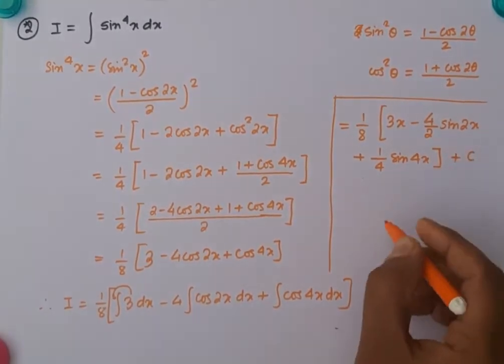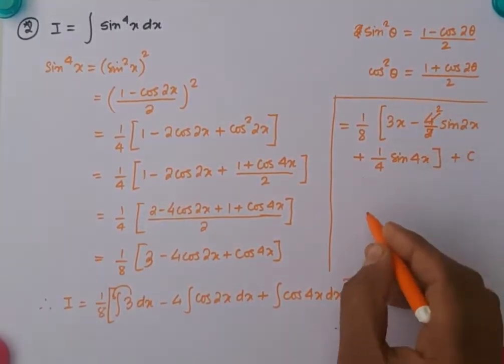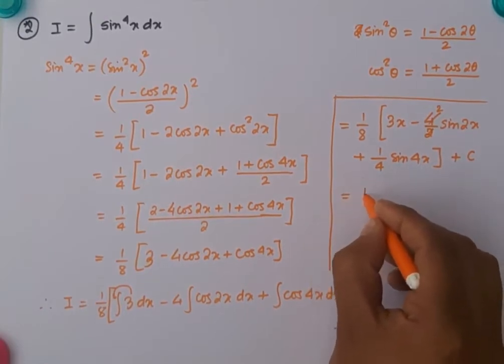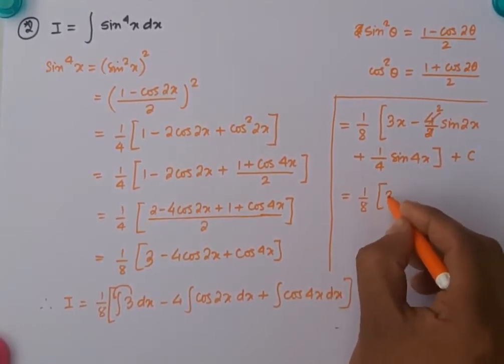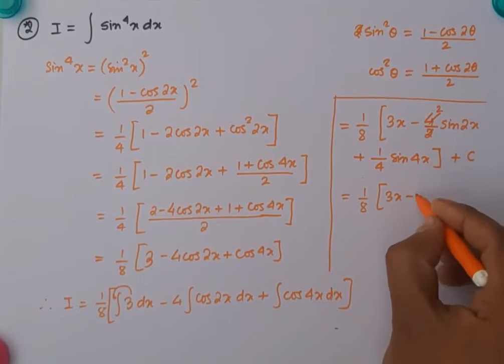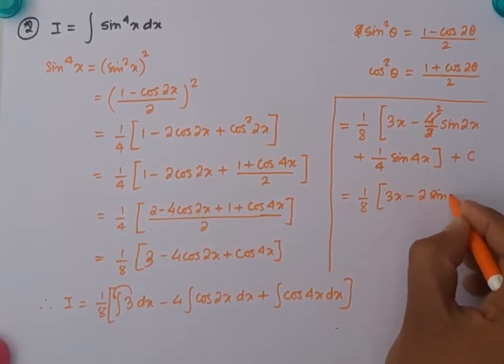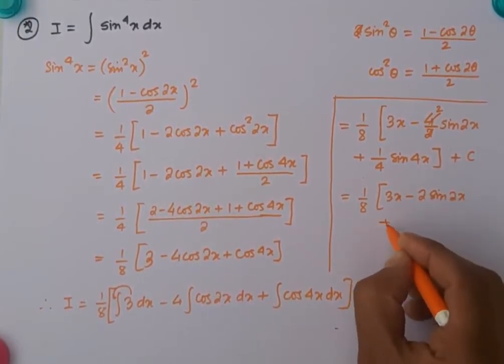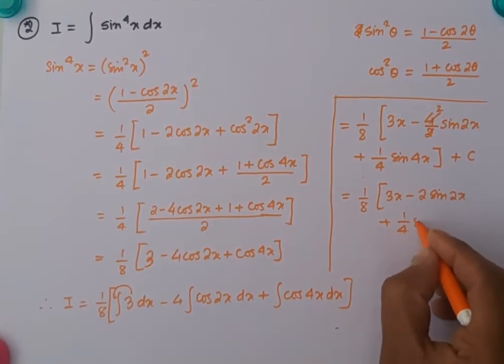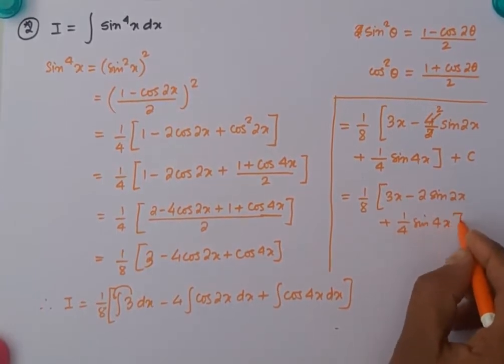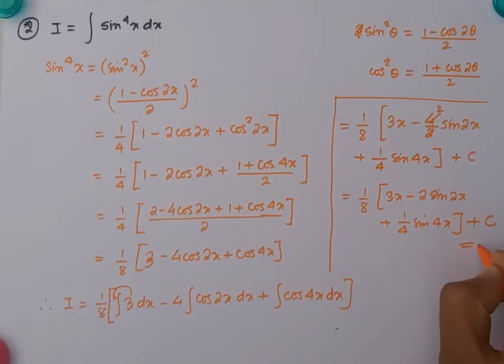Now put a constant of integration, do the cancellation. So ultimately my answer is 1 by 8 (3x minus 2 sin 2x plus 1 by 4 sin 4x). Okay, so we are done with the problem.